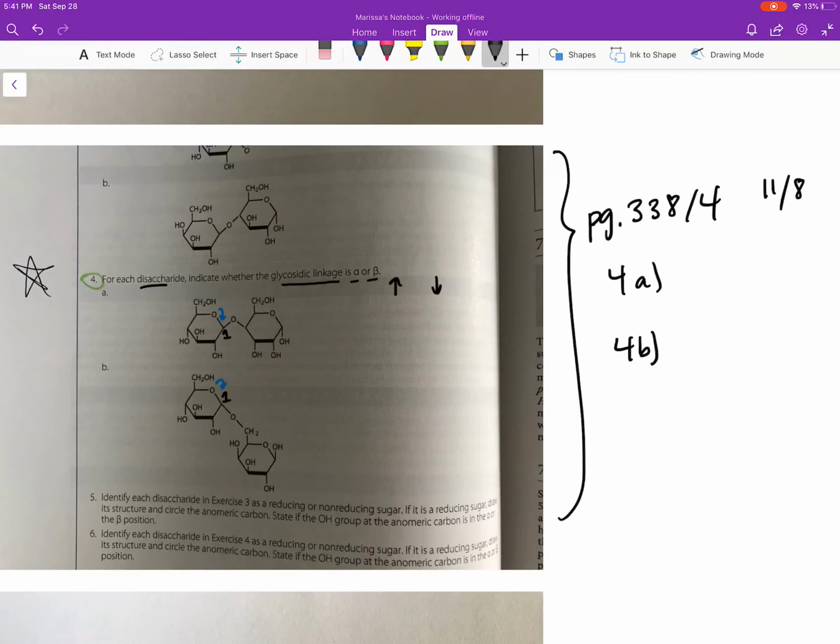In the first one, it's really clear to me that the oxygen is pointing up from anomeric carbon number 1. And we learned that when the OH group is pointing up, that this is a beta anomer, which makes this a beta glycosidic linkage.